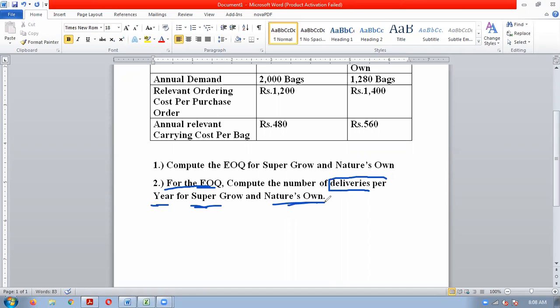It means how many times you will have to place an order with the supplier for that product, for the EOQ we have calculated. Very simple, just apply your logic.